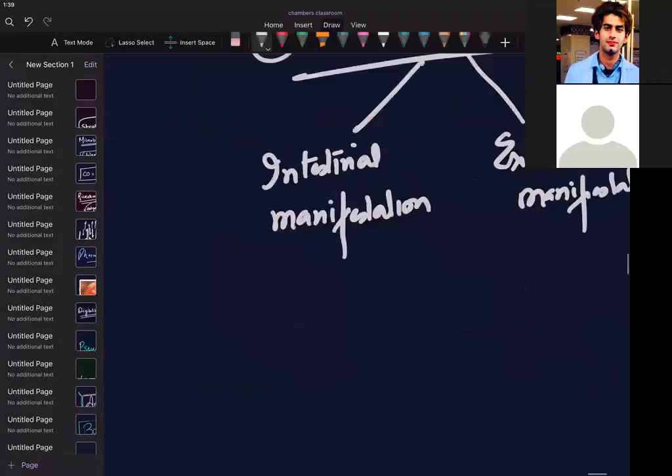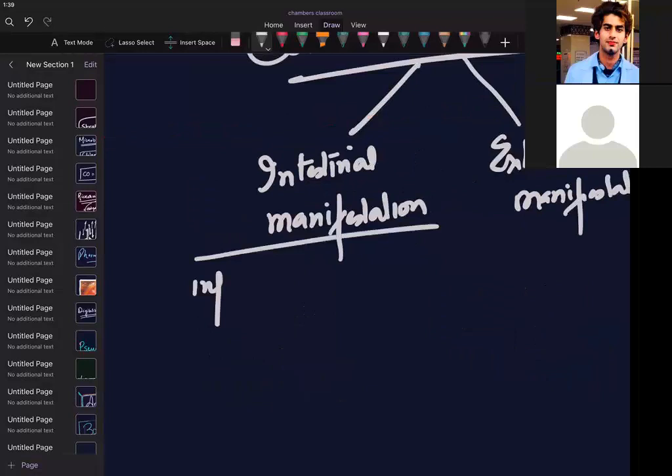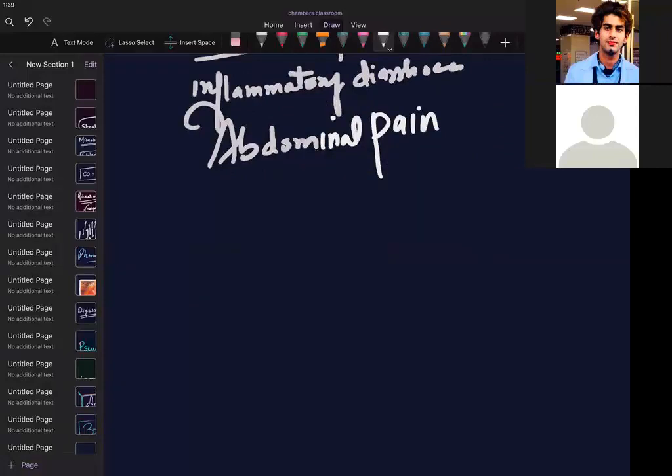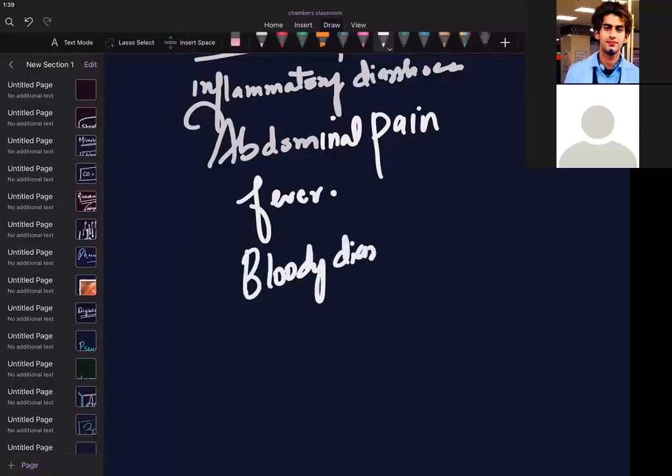Intestinal manifestations include inflammatory diarrhea, abdominal pain, fever, and also bloody diarrhea.